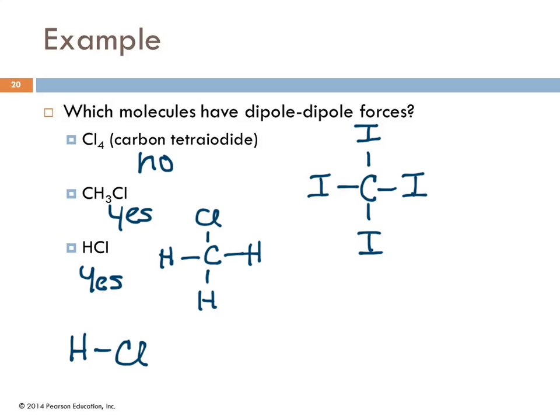If it's the same molecule, like if we had H2, is that bond going to be polar? No. It's going to be nonpolar, right? If they're different, chances are very good it will be polar. So you don't have to whip out a table of electronegativities. But you identify the polarity of the molecule, and that tells you what kind of forces it has. Any questions?